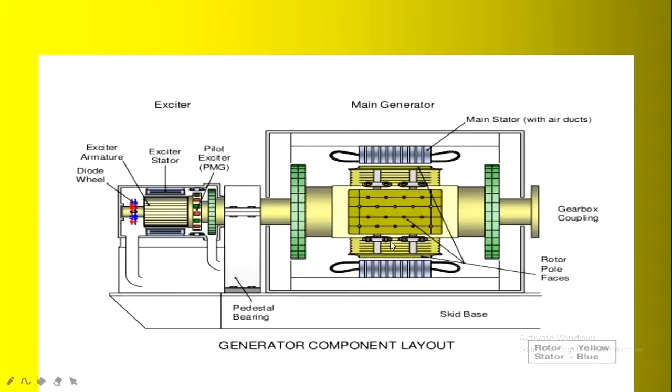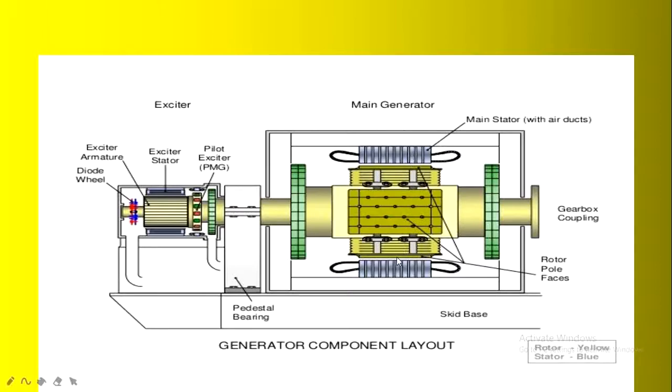This is the basic excitation system of a generator. From this figure, we can find out the excitation system components. This is the pilot exciter, PMG in short form. This is the exciter stator. This is the exciter armature and diode wheel. This is the exciter arrangement, which gives the excitation to the magnetic field system, which is the rotor of the alternator.